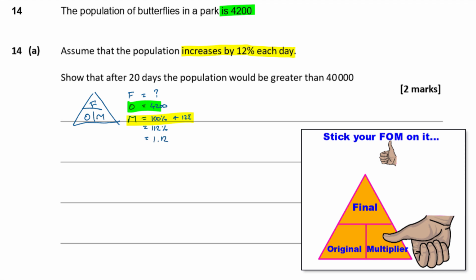Okay, so what do we do now then? We want to find the final. So cover up the thing you want to find on the triangle, put your thumb on it, and that tells us what to do with the other two. Final equals original times by multiplier.